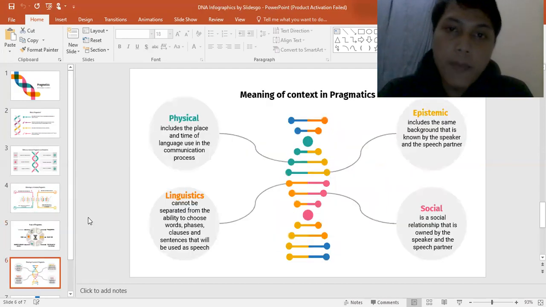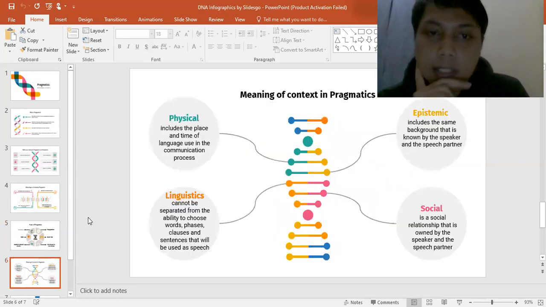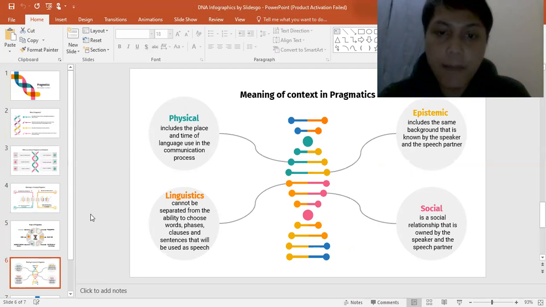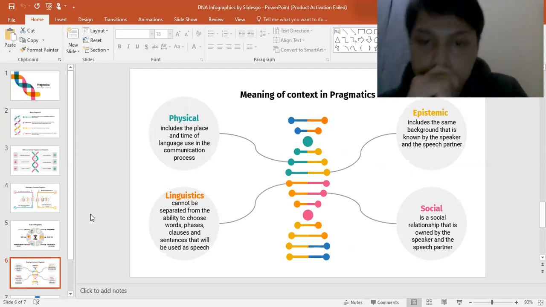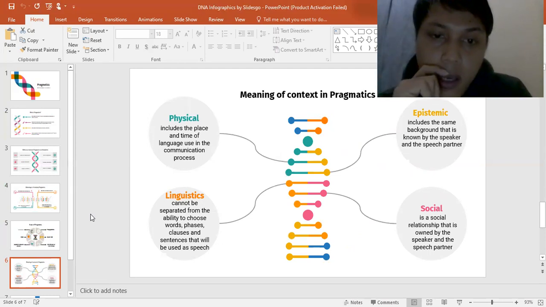Next, meaning of context in pragmatics. Number one is physical. When we ask the meaning of an utterance to someone, we often do not immediately get an answer, but instead get a question back.